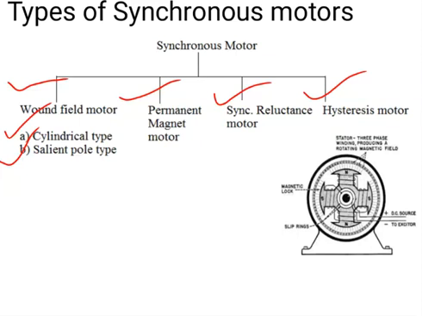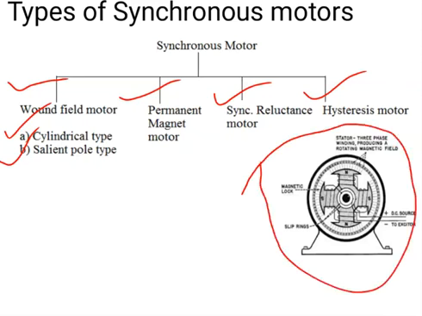As you observe in this slide, the cross-sectional view of the synchronous motor shows the stator and rotor and their windings, and how it is constructed. Now first we will discuss the cylindrical rotor wound field synchronous motor.